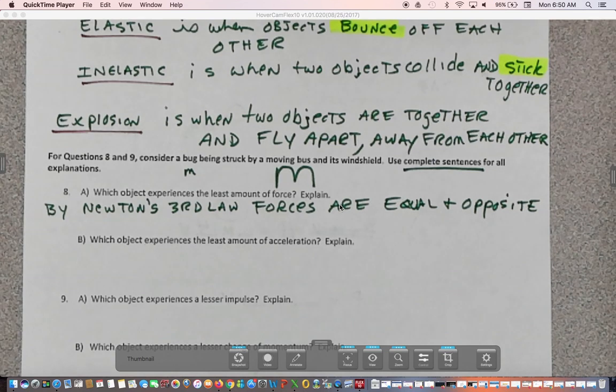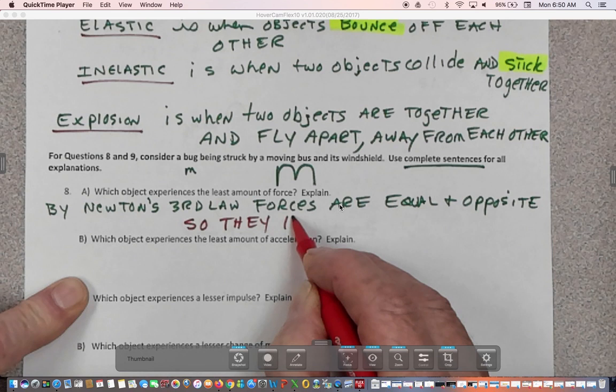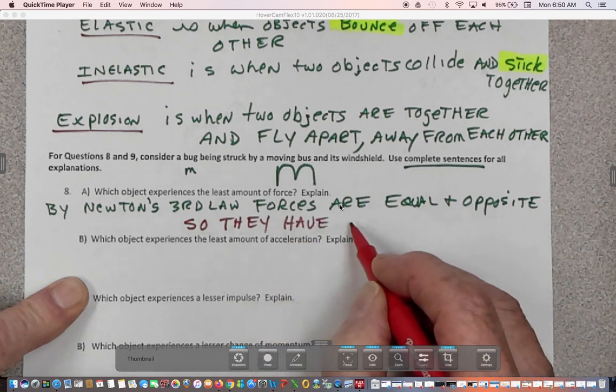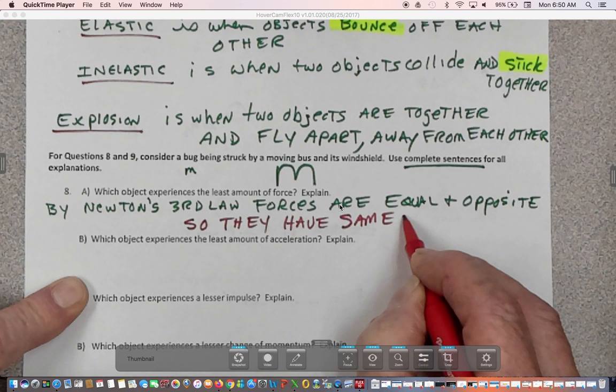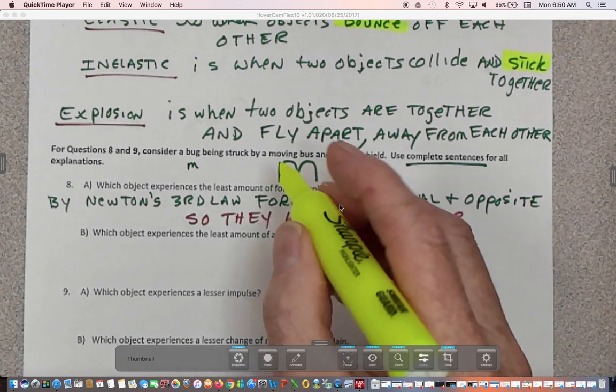So they experience the same force. So I'll give you a chance to write that down. When two things collide, they have the same force. So forces are the same.